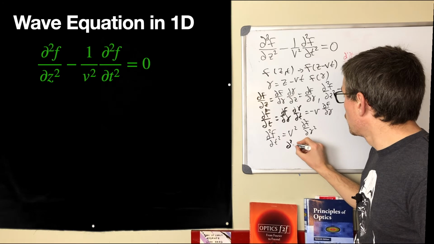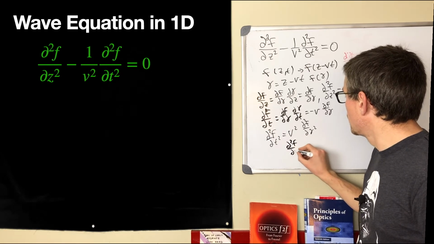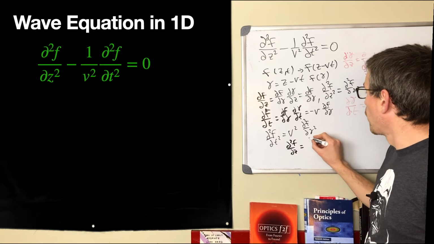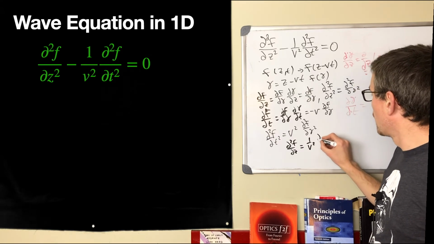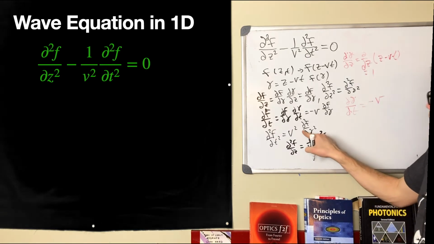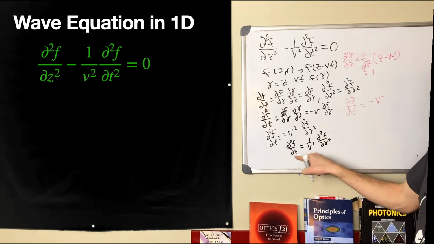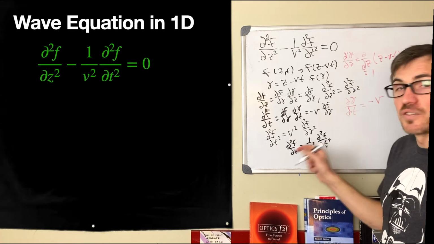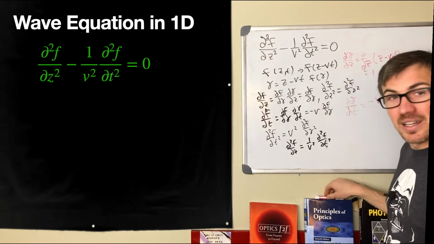So if my function is of the form f of z minus vt, I automatically, for free, get that d2f by dz2 is equal to 1 over v squared times d2f by dt2. This just falls directly out of the math.